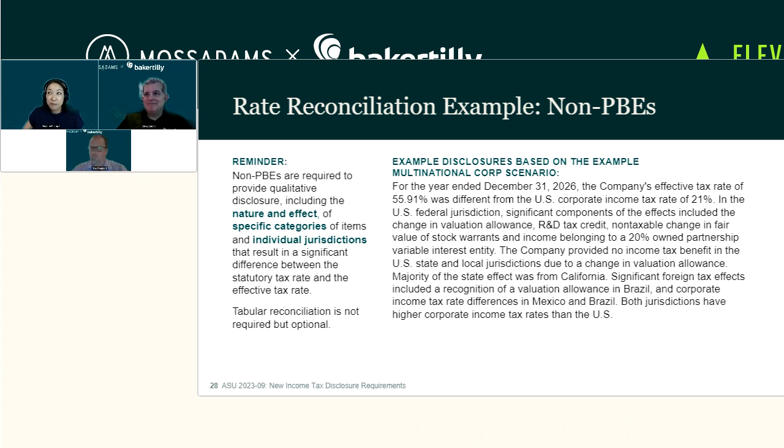I believe nobody has tried this yet, so I wrote this whole thing and then got Dave's input on this. This is the kind of minimum disclosure under the standard. But as you can see, the multinational example only had a few jurisdictions broken out.